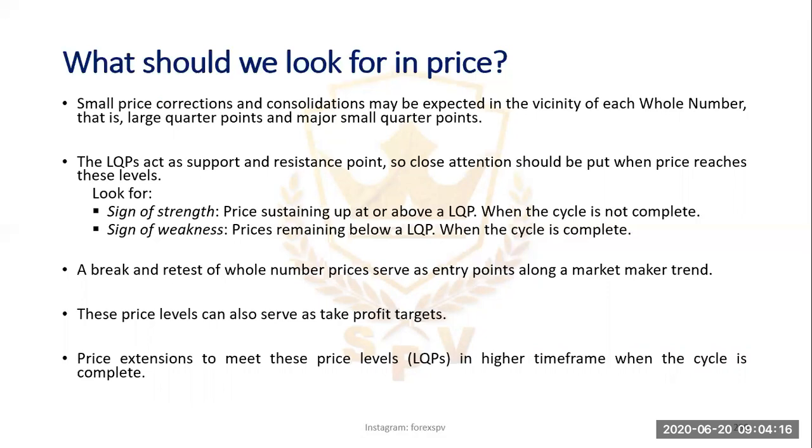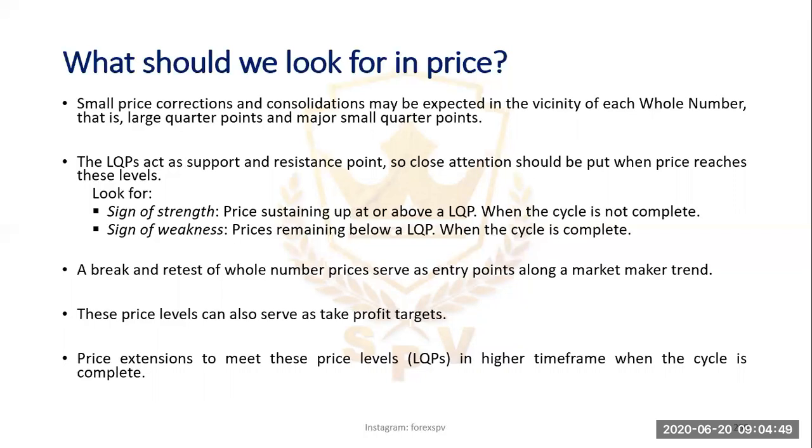So when price reaches large quarter points and major small quarter points, you should expect price to consolidate, or you may see corrections, like price going down. You see a retracement there. And also, large quarter points act as support and resistance points. So close attention should be put when prices reach this level.